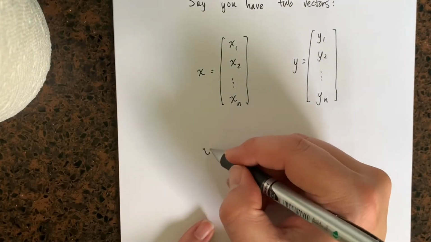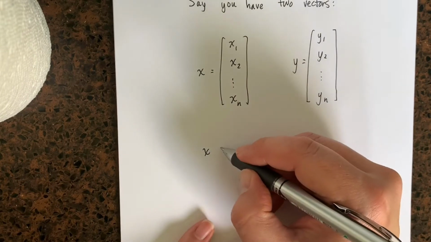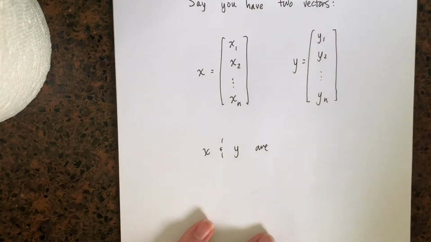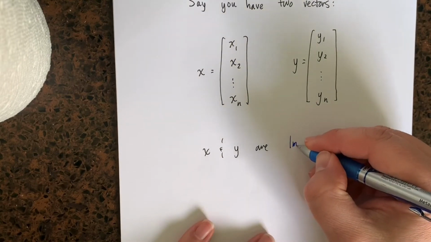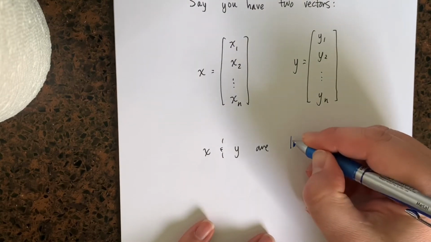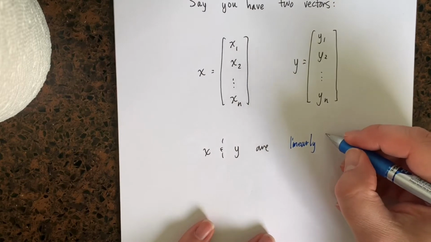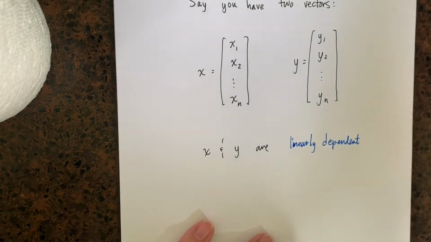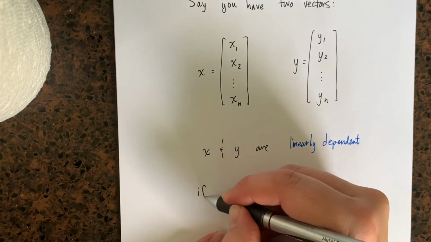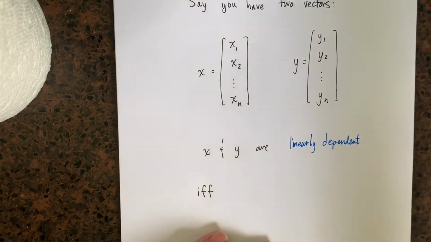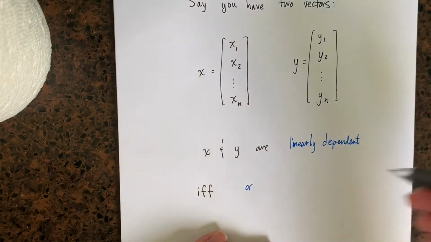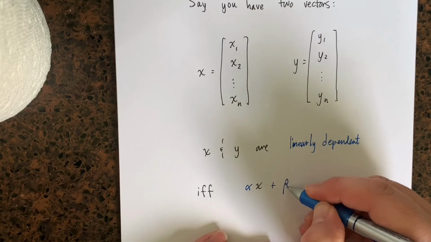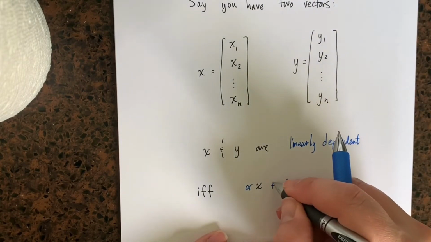X and y, these vectors, are linearly dependent if, and only if, you could find some alpha times x and some beta times y.